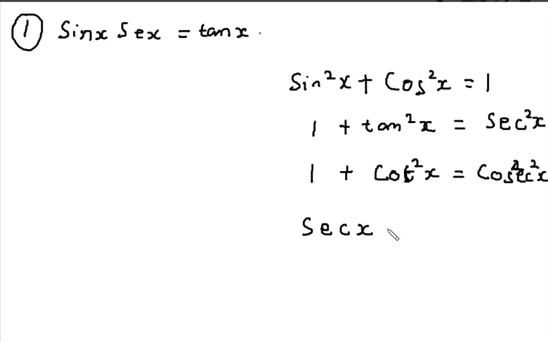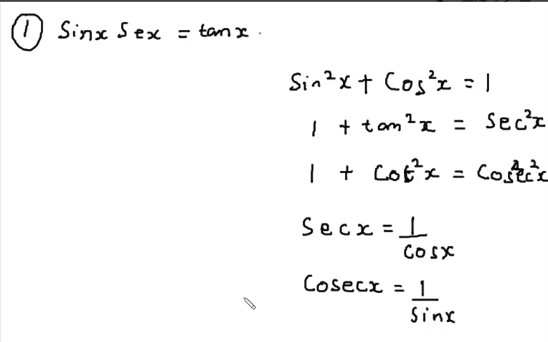Okay, so now we know that sec x equal to 1 over cos x, and cosec x equal to 1 over sine x, and then tan x equal to sine x over cos x.